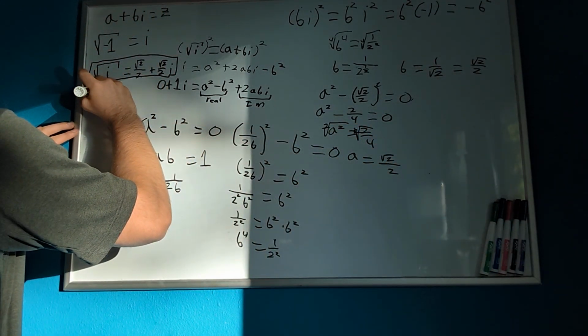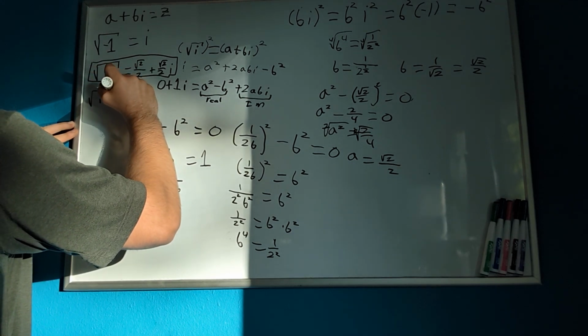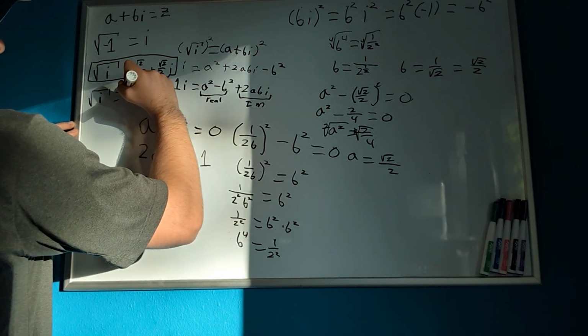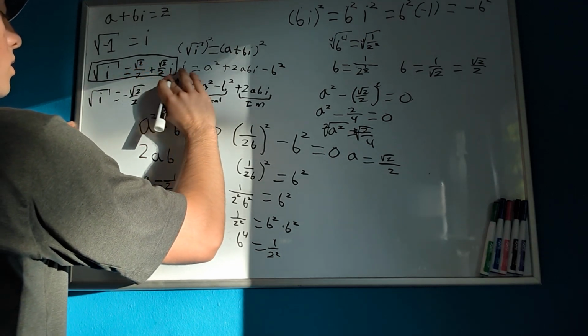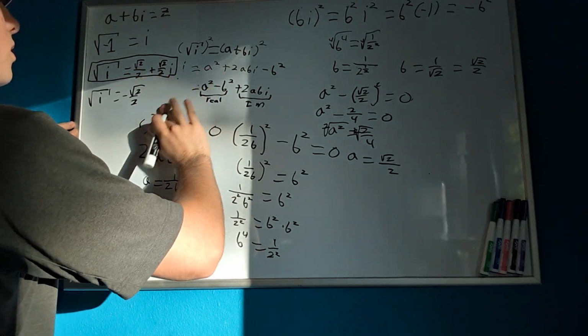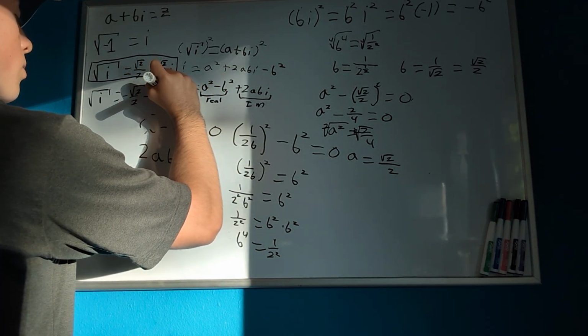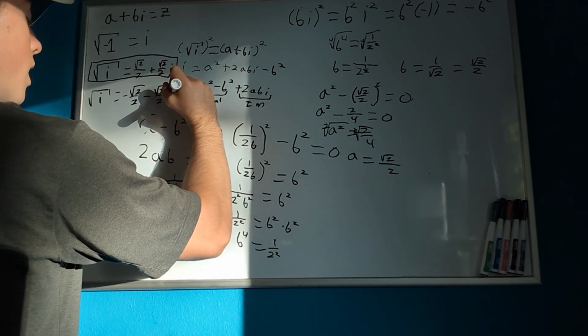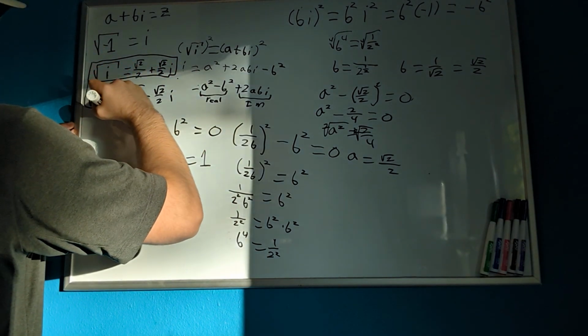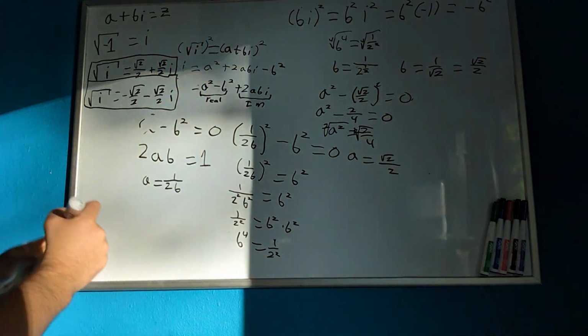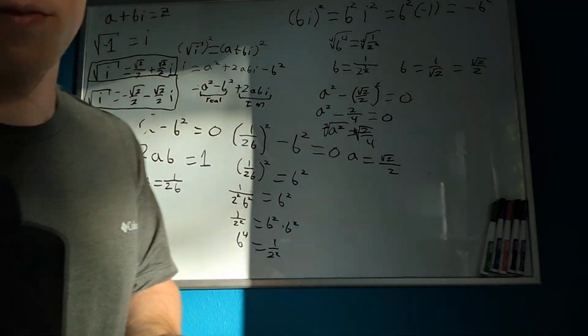So we can say that the square root of i is also equal to the negative square root of 2 over 2, minus the square root of 2 over 2 i. Both of those are valid for what the square root of i is.